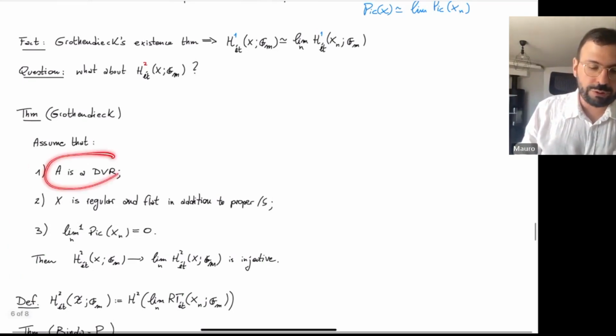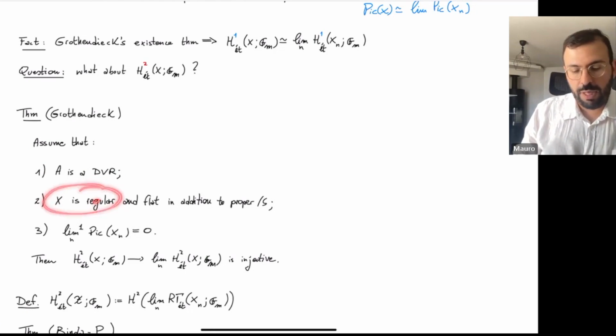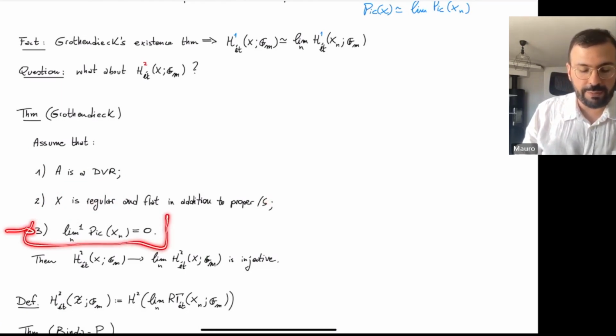So first, not a random local complete ring, but a DVR. That's fine. We need assumptions on X. We need X to be regular, and we need it to be flat over S. And we need this assumption: the lim1 of Pic Xn is 0.